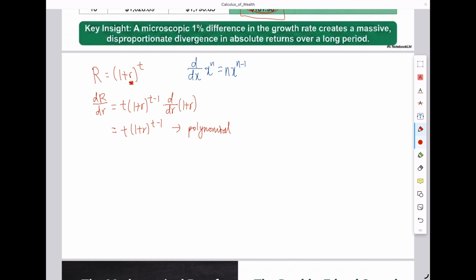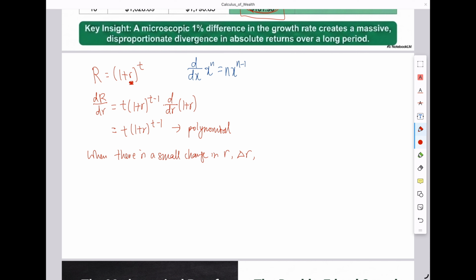So what will happen is that when there is a small change in r, we call it delta r.